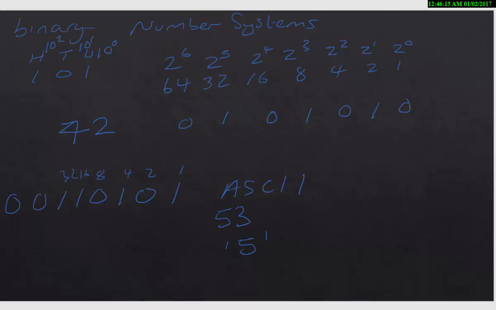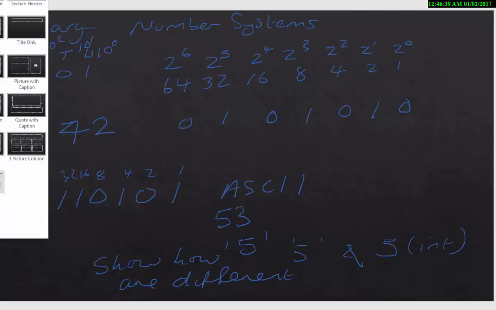Don't forget to differentiate between integers and ASCII, so you could show how 5 and 5 as an integer are different. So you might want to show how 5 and 5 are different, for example.